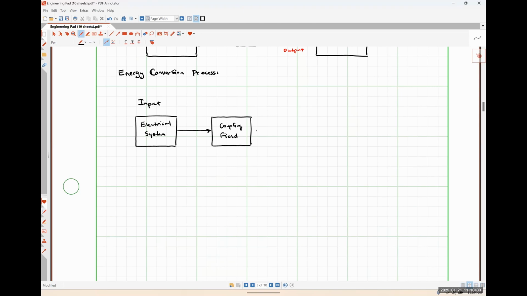And then lastly, on our output side, we would have our mechanical system. Like so. And I'm going to put a little arrow like this, and this is just going to say P mechanical.